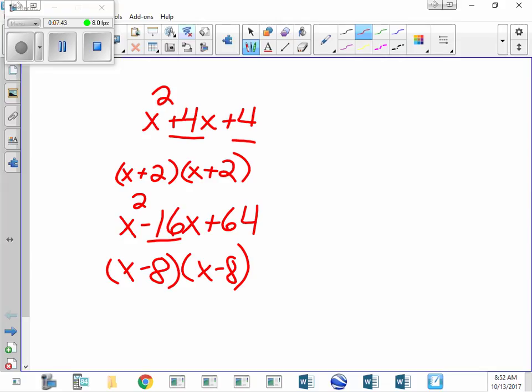Okay, what about this one? Cut the middle one in half and I get negative 5. And then is negative 5 times negative 5 10? No. So that one didn't work. So we would have to try factoring it the other way. Okay, let's try one more.